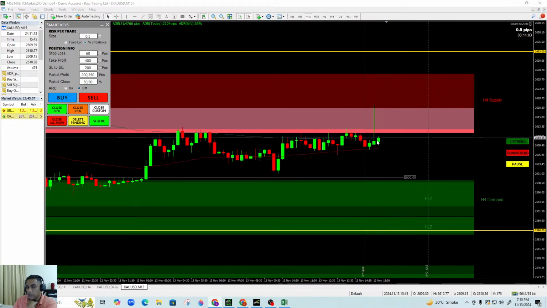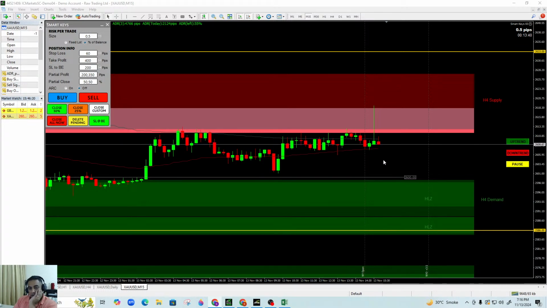Yeah, it's got nothing. It's very likely going to fill this wick. But wait, wait, wait. No reason to buy right now. There's no reason to buy because there's no M15 candle close.